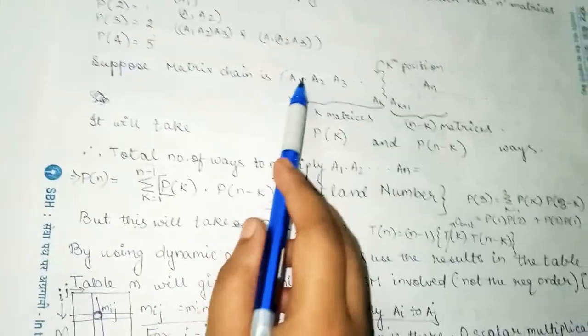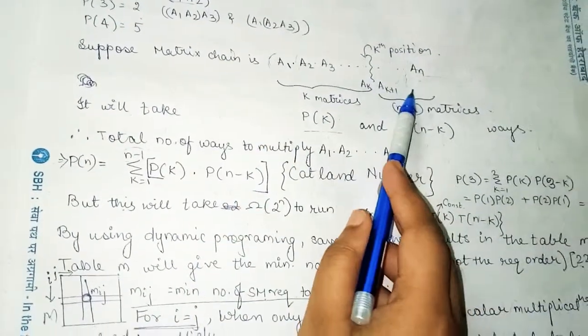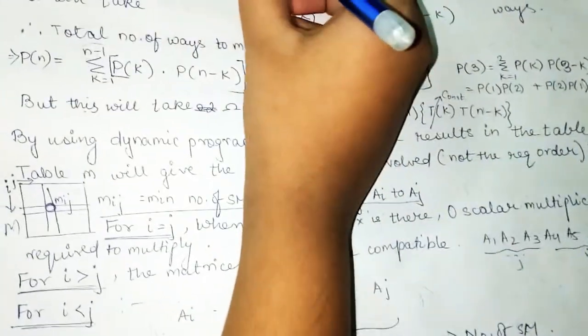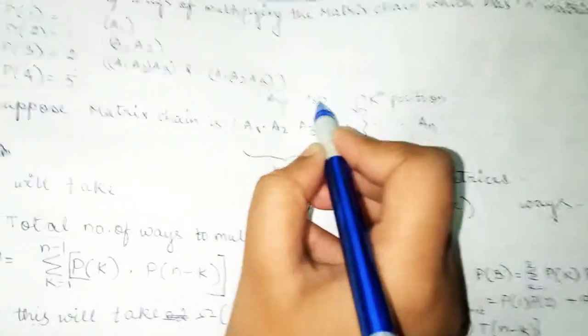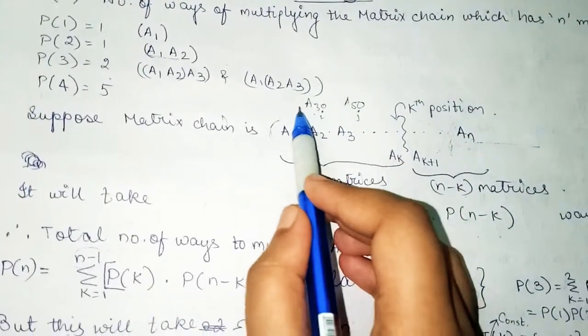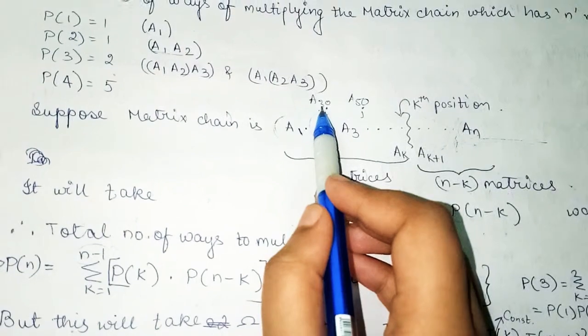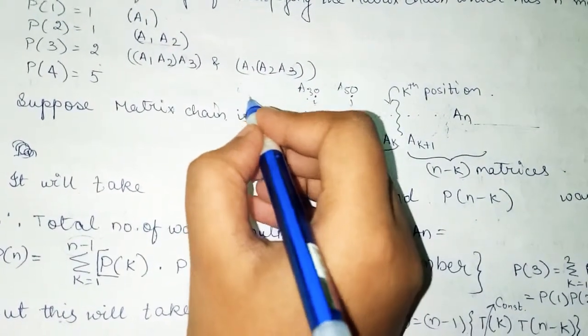Here we were having A1 to An. So if I say from A30 to A50, then this is my i, this is my j, so I will see (i, j) as (30, 50).